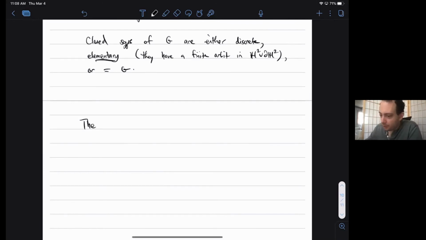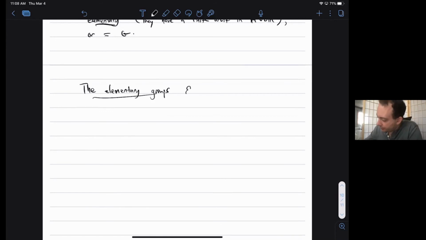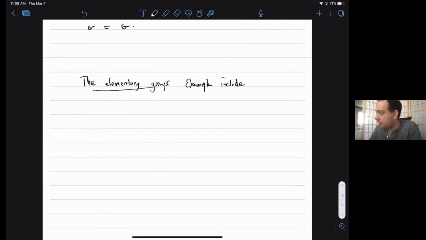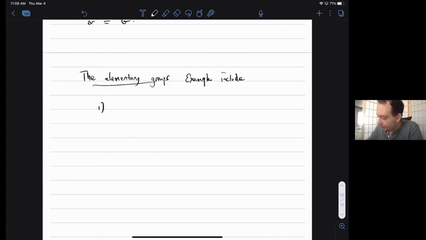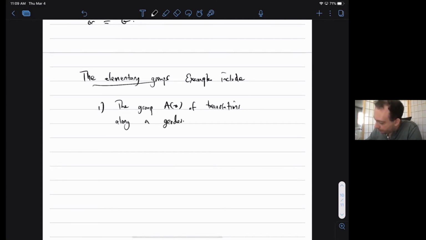So what are the elementary groups? Examples include the group A of gamma of all translations along a geodesic gamma in H2. If I have a geodesic in H2, I can look at all translations along it.